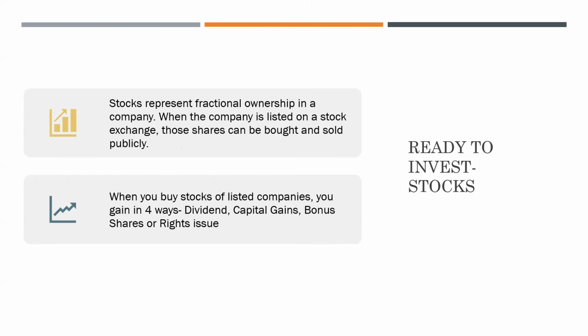These are the four ways that you gain when you invest in stocks. The first way is through dividend, and your dividend is a share of profit. So the company that you have bought shares in, at the end of the year, if they made a profit of like 1 billion, they can say that out of this 1 billion, we want to distribute 200 million to our shareholders and reinvest 800 million into the business.